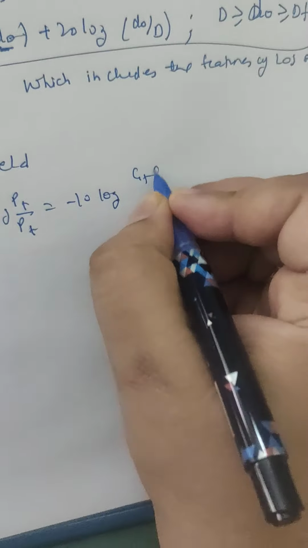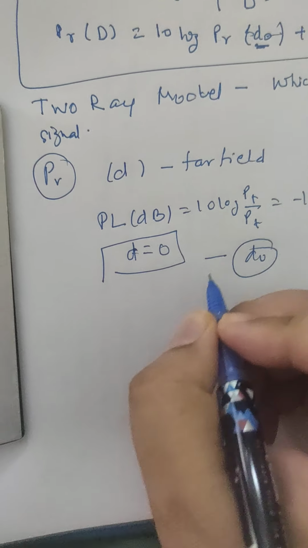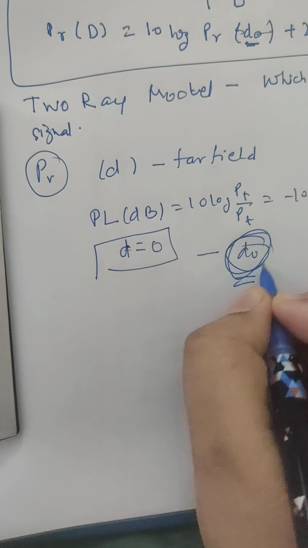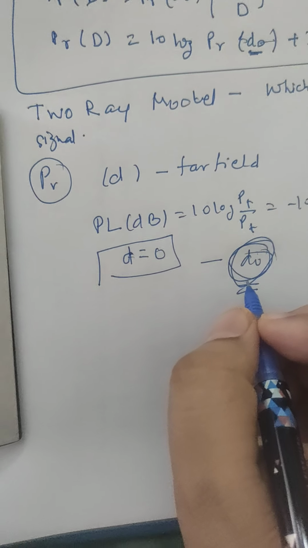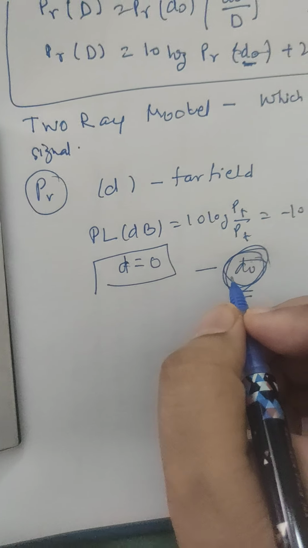For this reason the large scale propagation model uses a close-in distance d naught, known as the received power reference point.